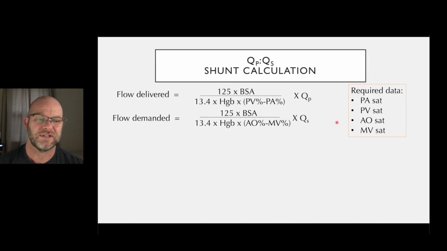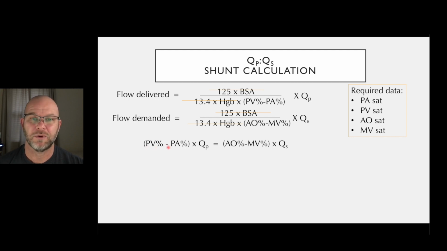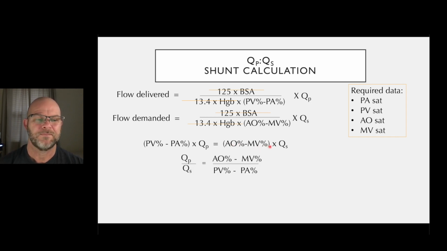What you're doing is the same formula we use for Fick cardiac output, but you're doing just the PA, or just the pulmonary system, and then just the systemic system, and you're comparing those. So when you take the same formulas and you mark out what's the same, you're left with your pulmonary vein minus your pulmonary artery sats times QP, AO sat minus your mixed venous sat times QS.